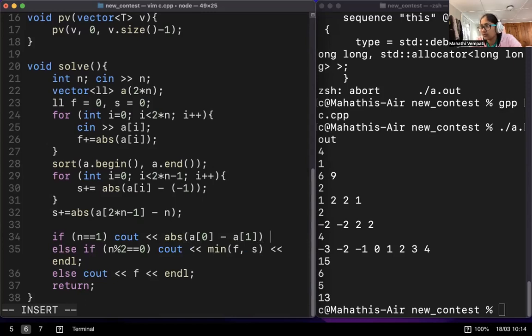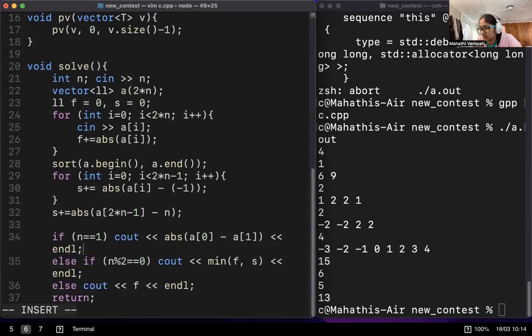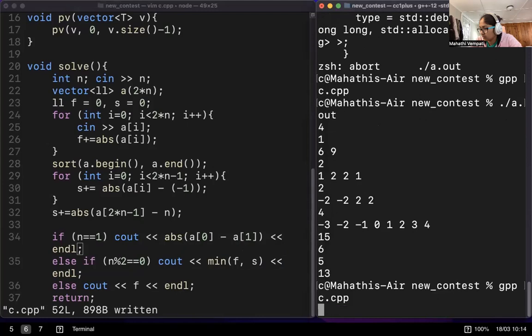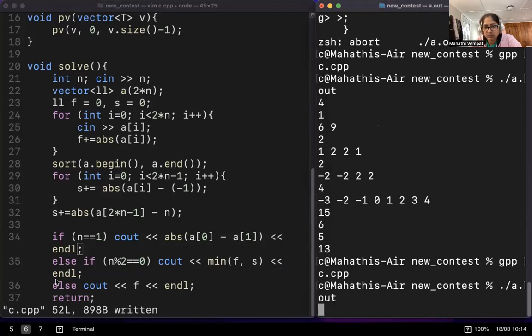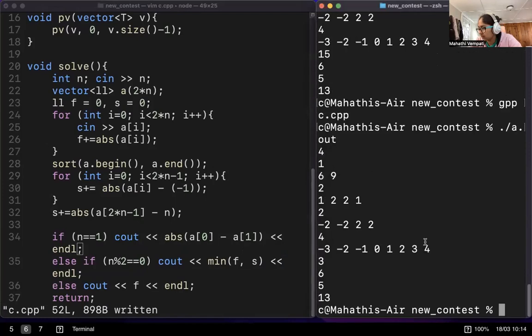The reason being... copy. 3, 6, 5, 13. Why did I get 6 for this? Is this also a special case?